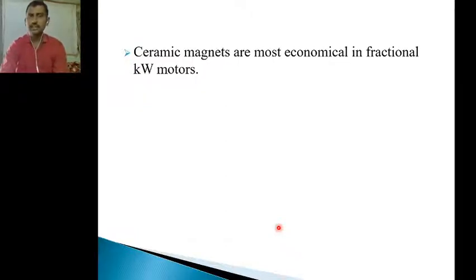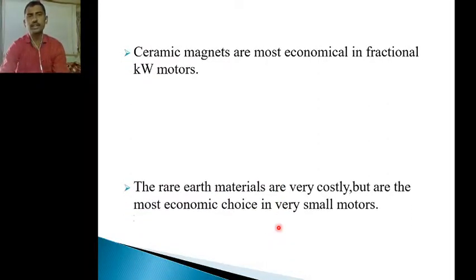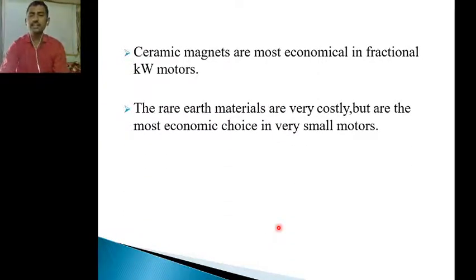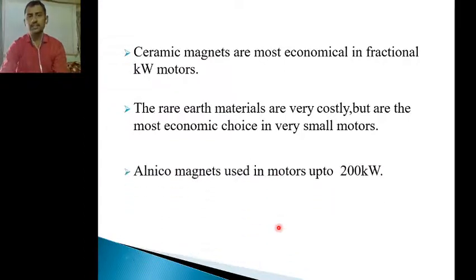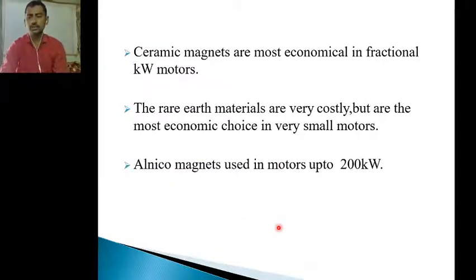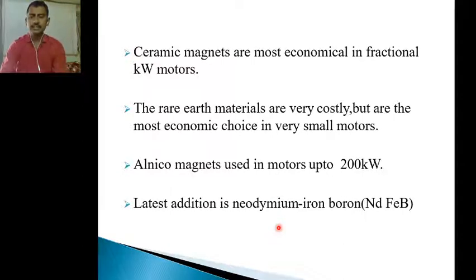The rare earth materials are very costly, but they are the most economic choice in very small motors. And alnicos, as I already told, can be used up to 200 kilowatts. And now the latest version of the permanent magnet is the neodymium iron boron material.